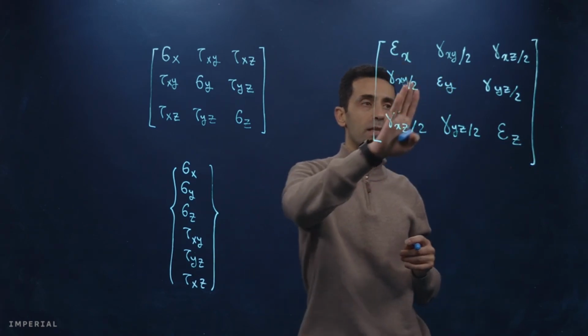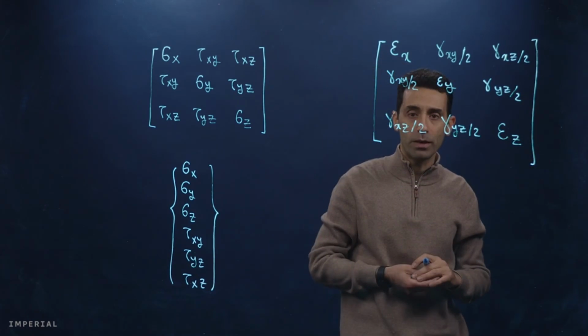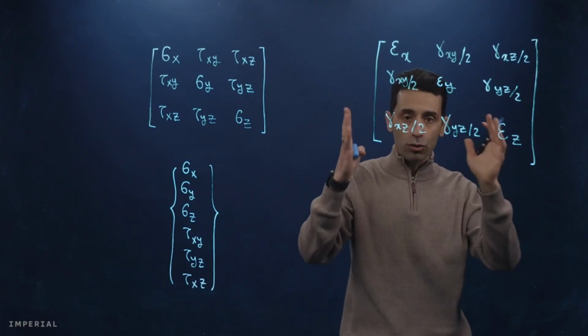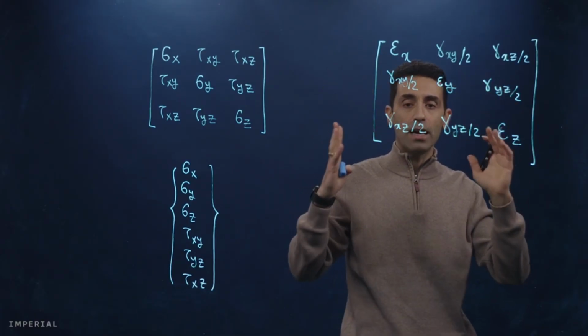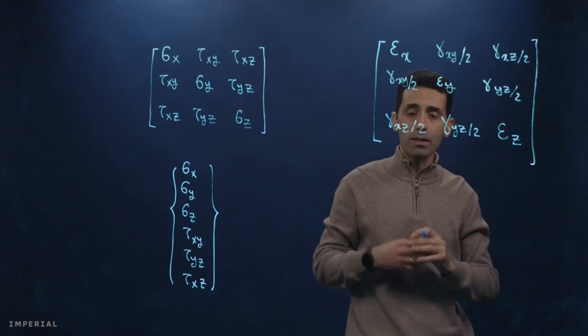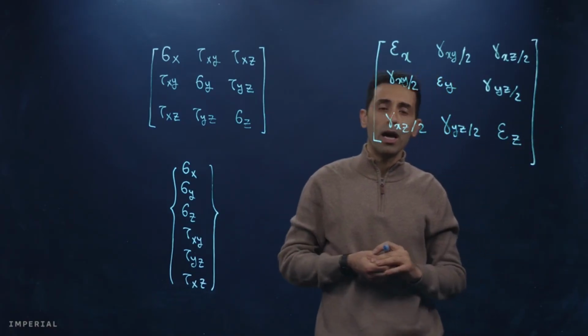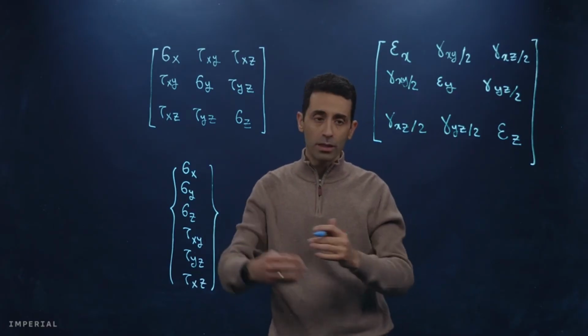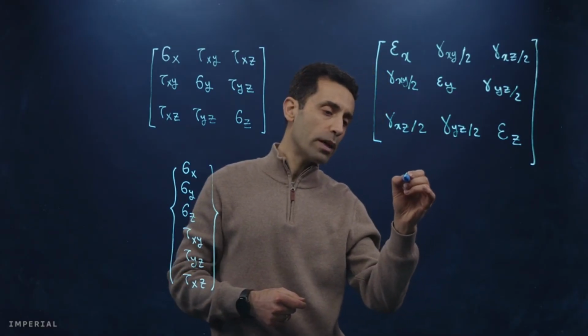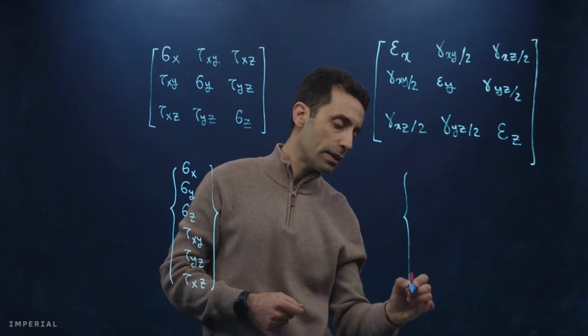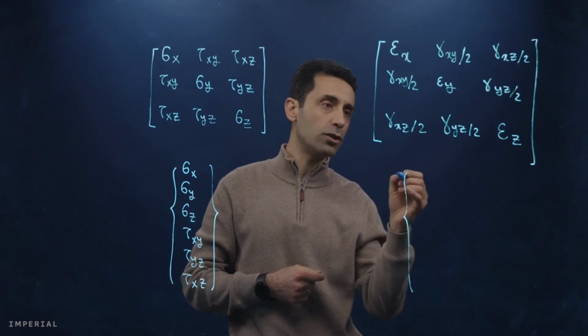You may have noticed that here I'm dividing gamma by a factor of 2. You need to do that in order to have a tensor, so that this tensor can follow those transformation rules. But when we write this in the Voigt format, the vector format, we avoid that division by 2 of the shear component.